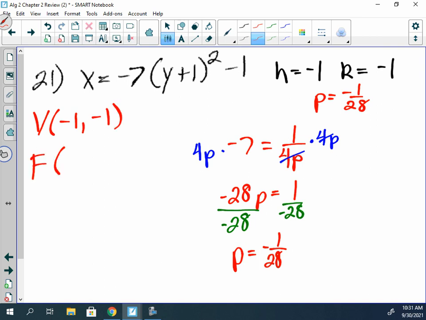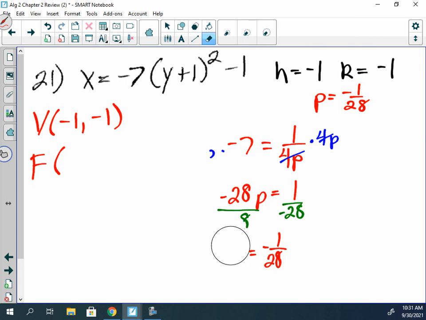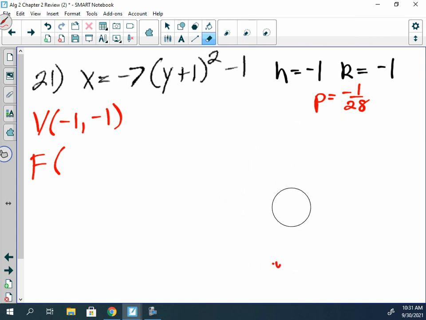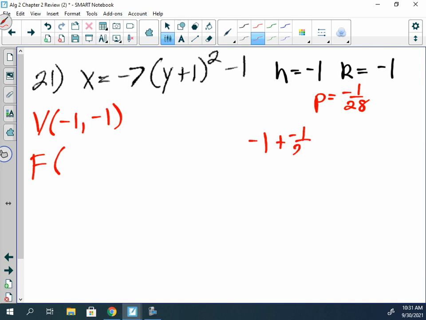Now I went on and just gave us the vertex, because we plug H and K in. Well, it'd just be negative 1, comma negative 1. Now the focus, for x equals, is H plus P comma K. So that'd be negative 1 plus negative 1/28, which is negative 1 and 1/28, or negative 29/28 if we wrote it as an improper fraction, comma negative 1.